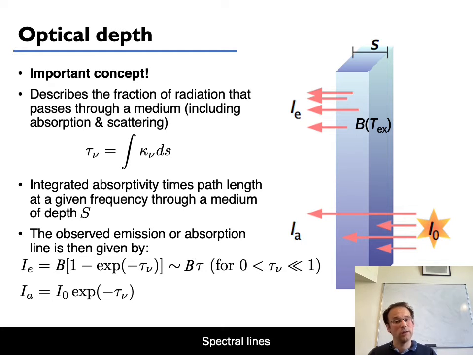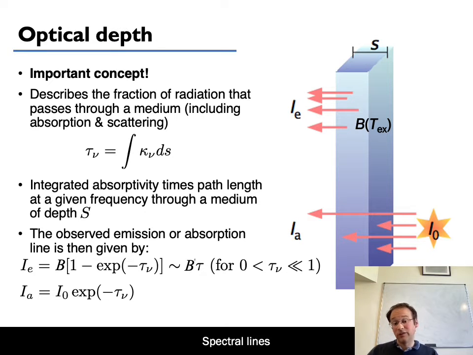Now, in terms of how that relates to the line strength, consider an emission line. An emission line is being generated by the medium itself. It's related to the excitation temperature of that medium, so how many of the molecules or atoms are in the upper energy state to generate the radiation that you're detecting, which I've labeled B here.